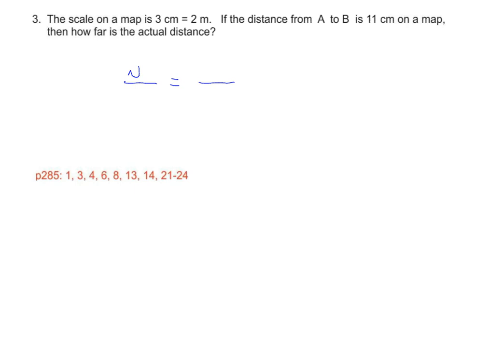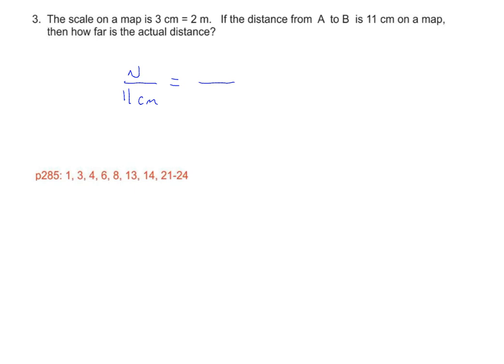No problem. Take a minute and think. All right, so let me ask everybody before you write it, how many would agree? Let's put the 11 centimeters on the bottom. That is the correct move. The 11 centimeters definitely goes on the bottom.